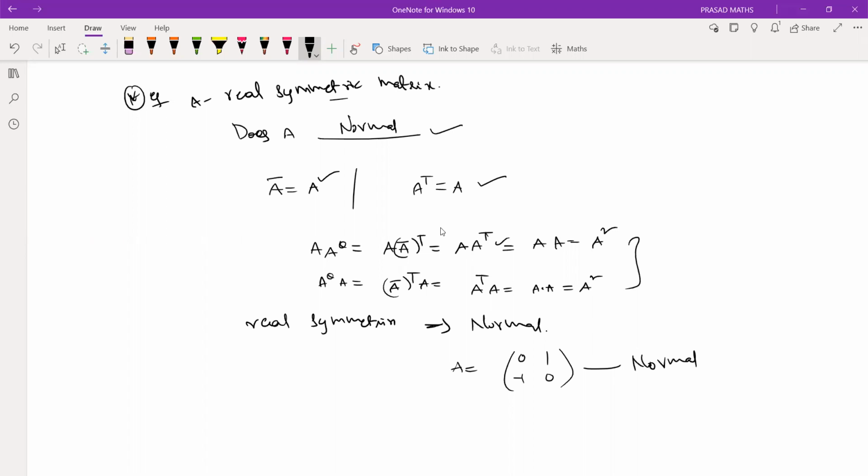Is it symmetric? No. What is A transpose? 0 minus 1, 1 0, so it cannot be A itself. Therefore, it is not symmetric. It is real, okay, but not symmetric. So the converse may not be true. It's an example: a normal matrix may not be symmetric.